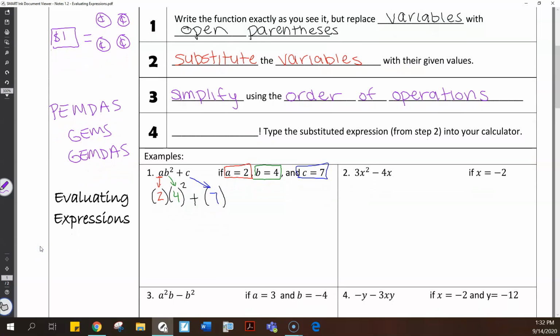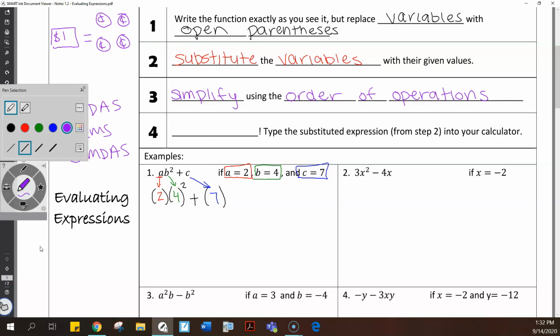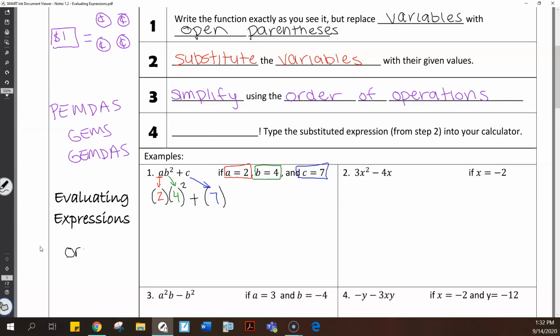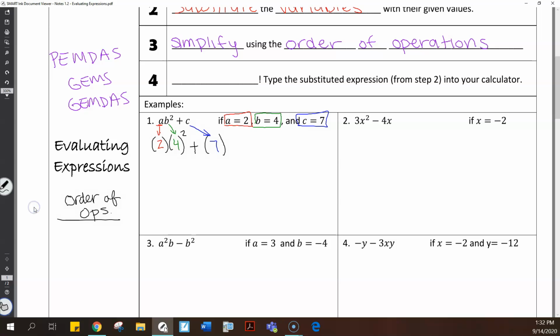So remember the order of operations. I personally like to use GEMS. So the first thing I want to do, my G stands for groups.